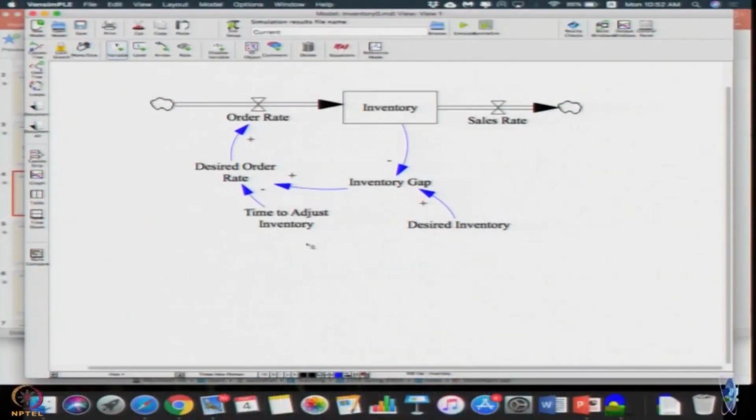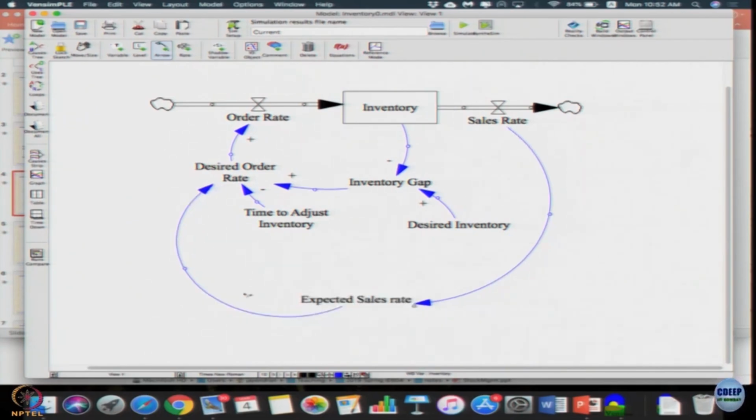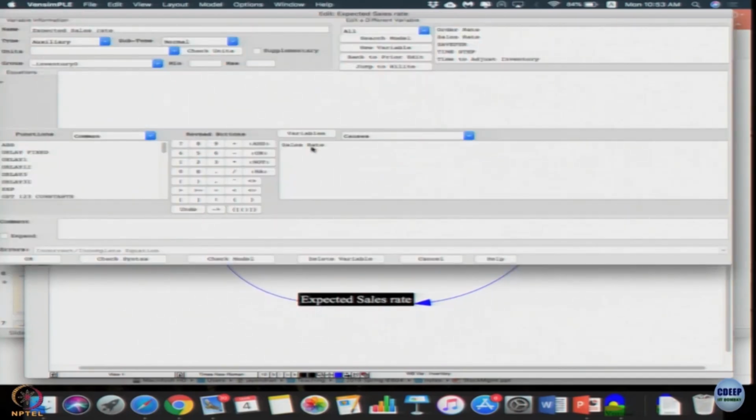Let me model it along with you guys. Let's call a variable expected sales rate, arrow, sales rate is expected sales rate per day.